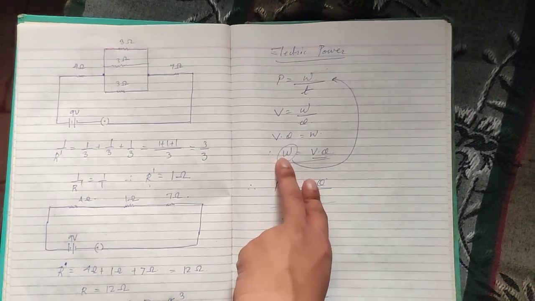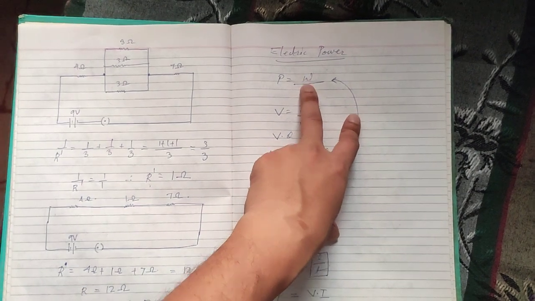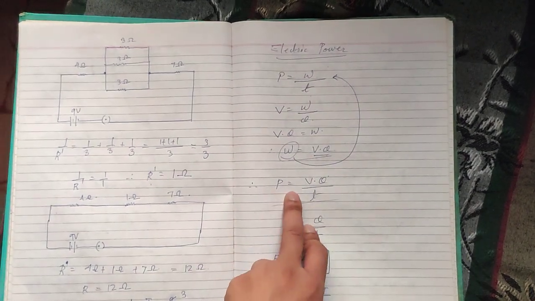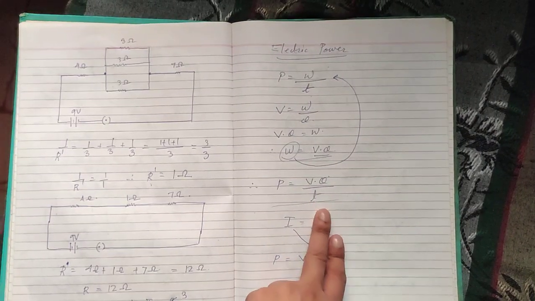And we use this value of work done and put it in the formula of power. So power is equal to work done upon time taken, where work done is V into Q, upon time taken.